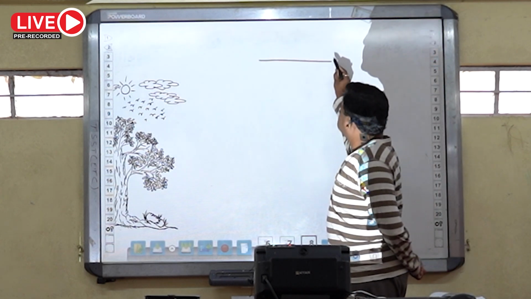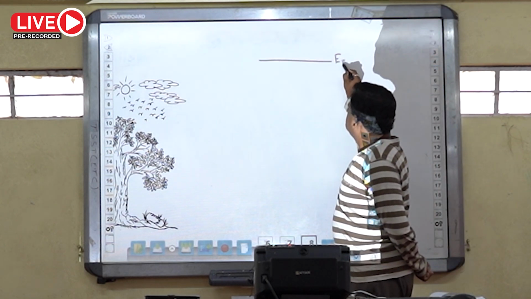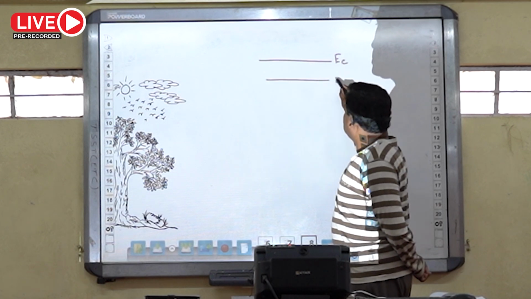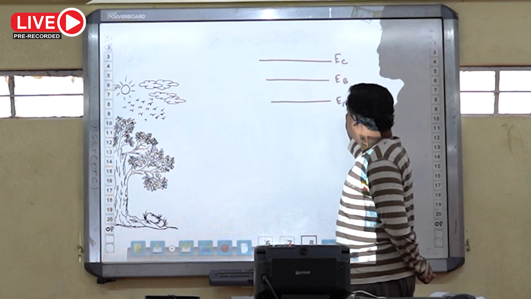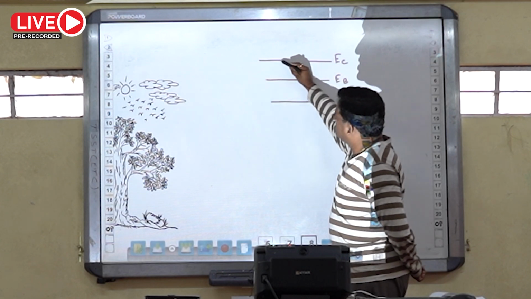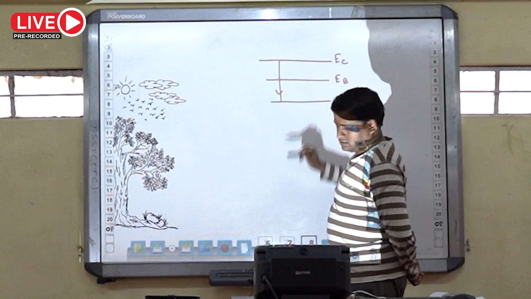These are three energy levels: EC, the upper level, EB, a lower level, and further lower level, EA. One transition is here, that is given.